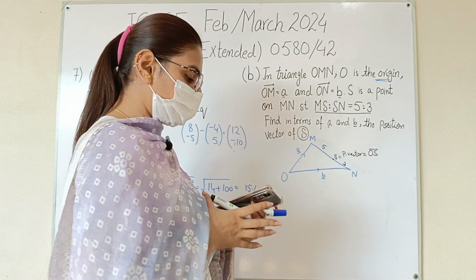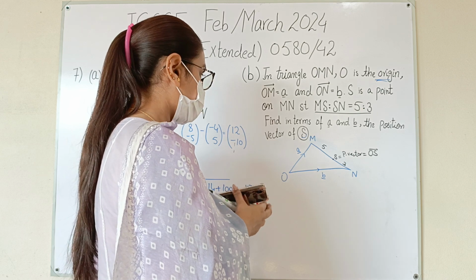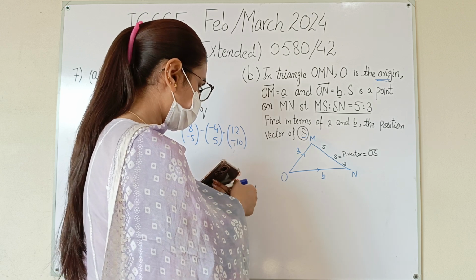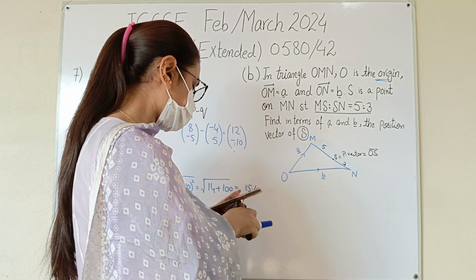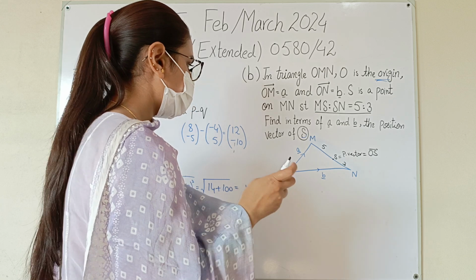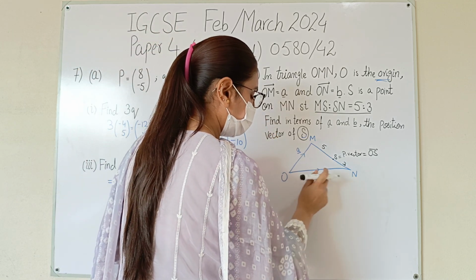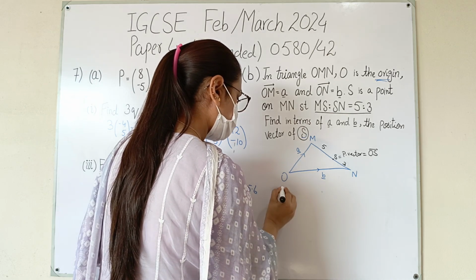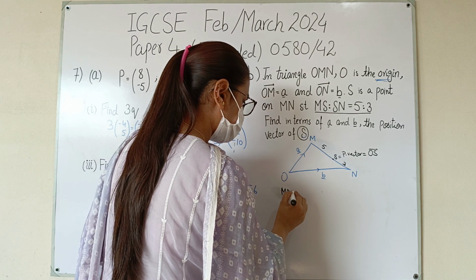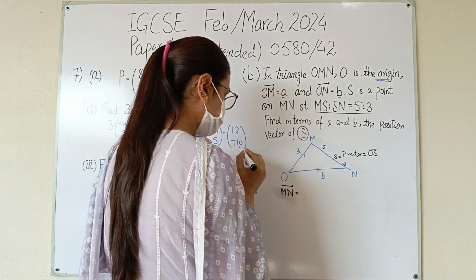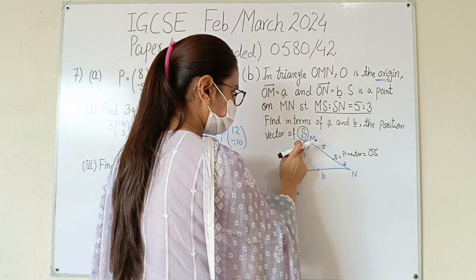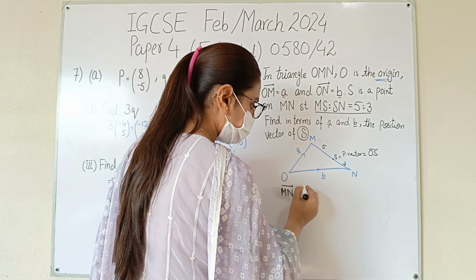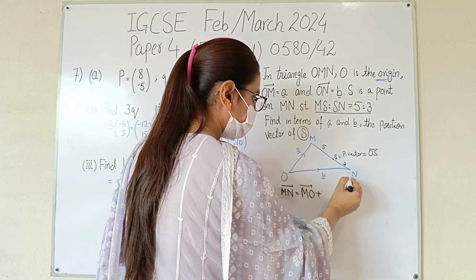If we come to the solution of part B of question number 7, we can simply sort it out like this. If you find MN, that will be basically a combination of MO plus ON.